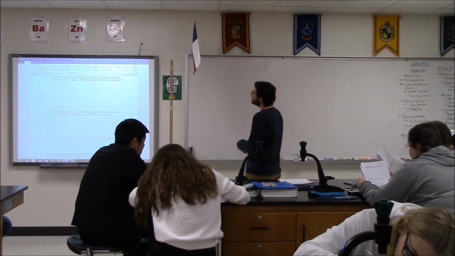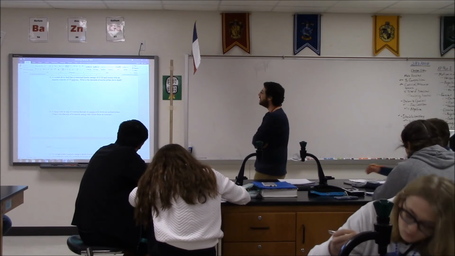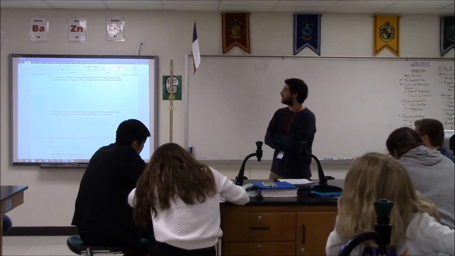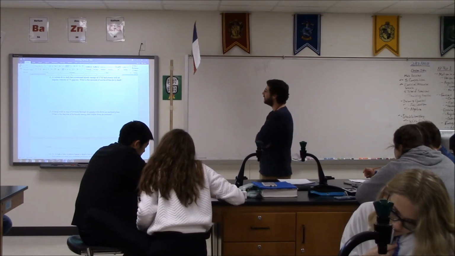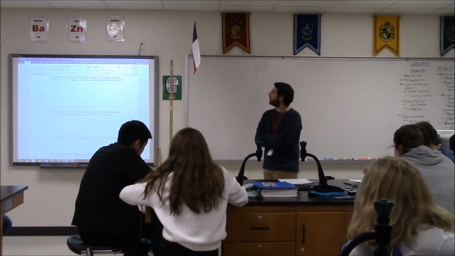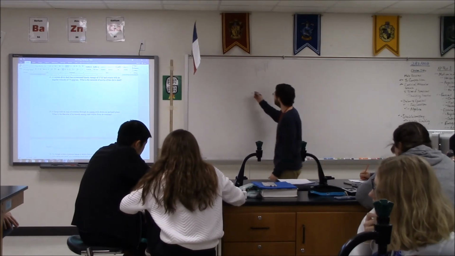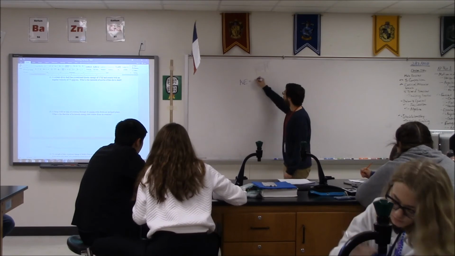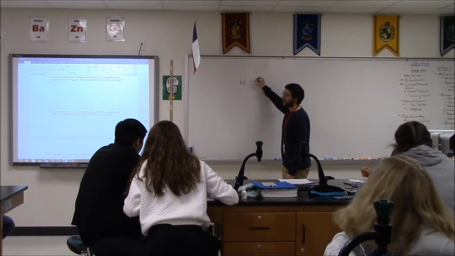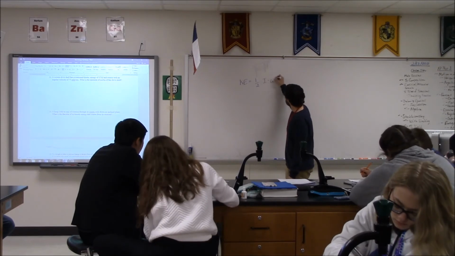Number 14. A certain drive shaft has a rotational kinetic energy of 15 kilojoules and rotates with an angular velocity of 75 radians per second. What is the moment of inertia of this drive shaft? Alright, so that says rotational kinetic energy. What's the formula for rotational kinetic energy? Okay, 1/2 I times omega squared.